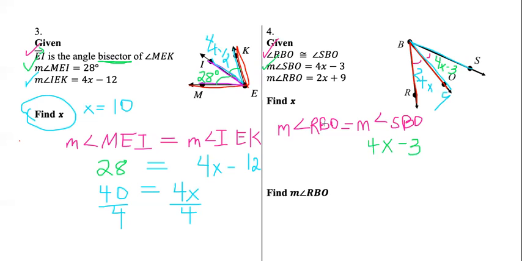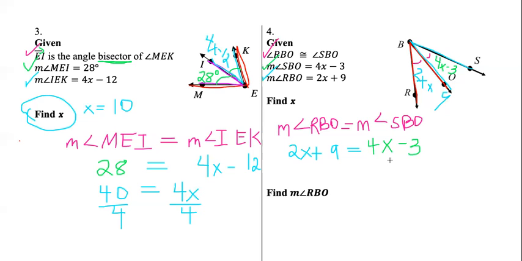And then I also replace this measure of RBO, substitute 2x plus 9 in. And that takes care of statement 3. So once I have broken down each statement, then I know I've set the problem up correctly, and then we can solve. Our equation this time is 2x plus 9 equals 4x minus 3.